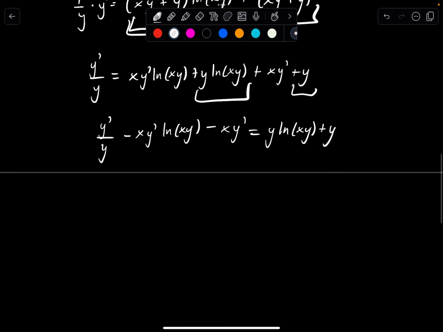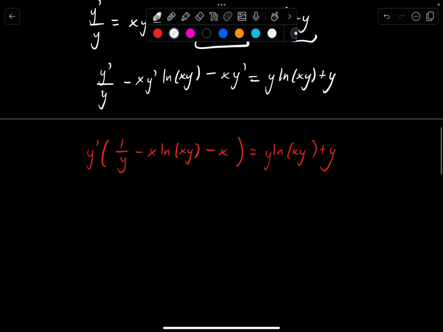And now we can just factor out a y prime. We have y prime times (1 over y minus x ln of xy minus x), which equals y ln xy plus y.